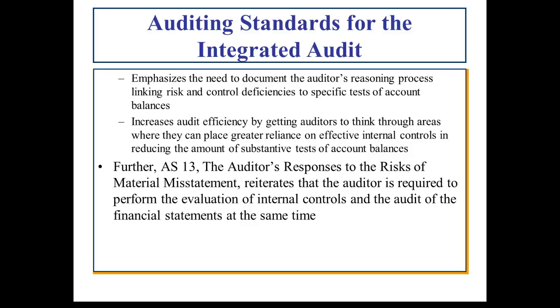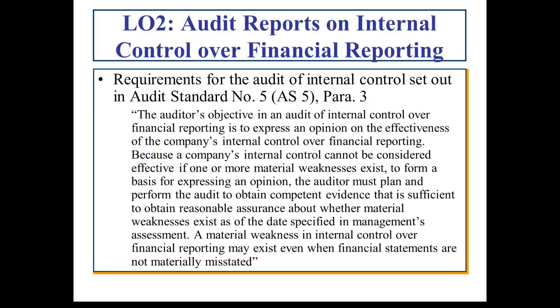And as a result of increasing audit efficiency, if we can gain a greater reliance on these internal controls, then we can reduce other types of testing as part of the audit. So important to note, this integrated audit is really the baseline for how we're supposed to be conducting the audit as we look at internal controls for public companies.